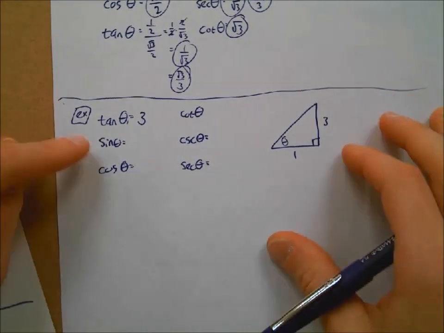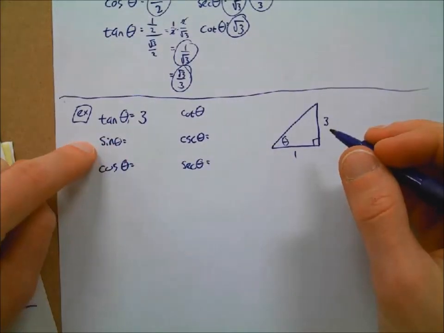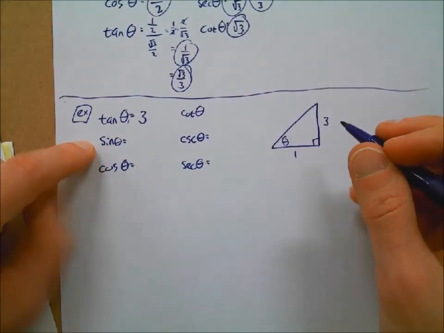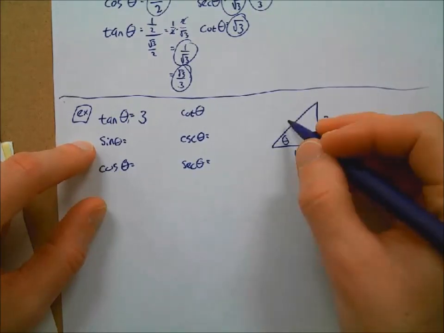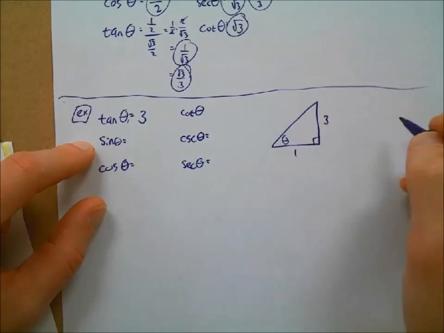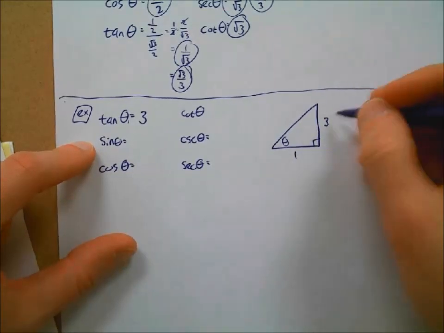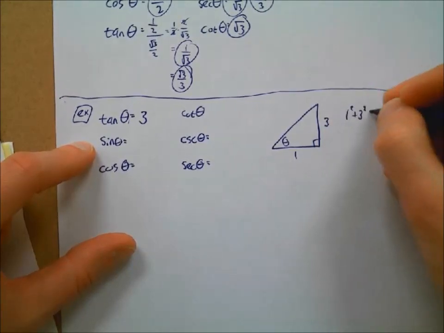Well, great. We've got some of the pieces in our triangle there, so now let's go ahead and find sine. Sine takes that angle theta and relates it to a ratio of what 2 sides? Opposite, right, over the, we don't have it. Pythagorean theorem. We know 2 missing sides. So 1 squared plus 3 squared equals c squared.